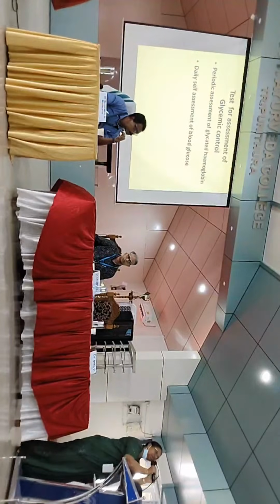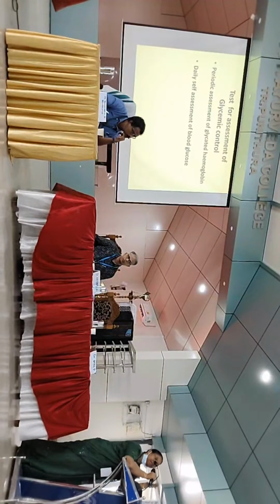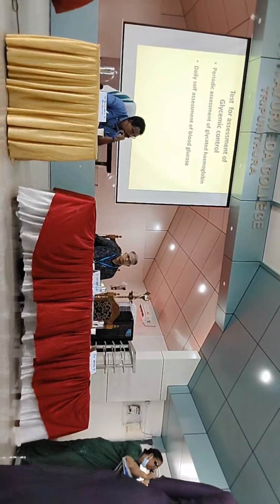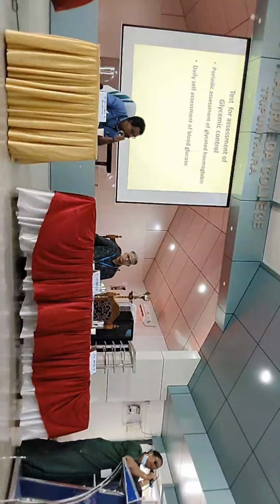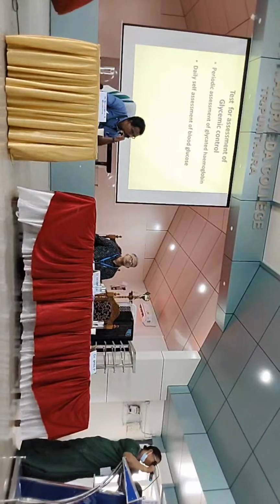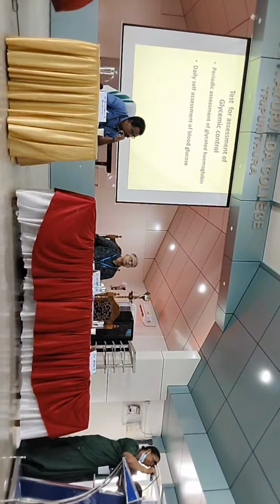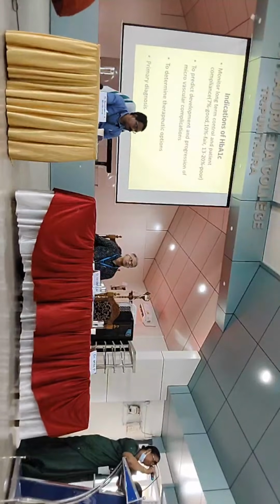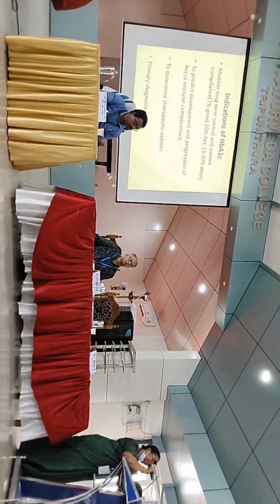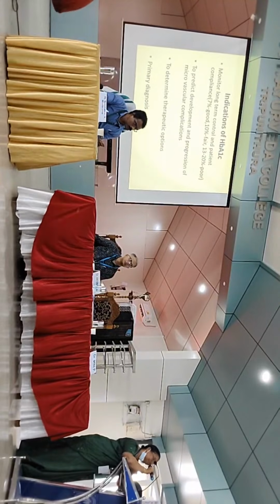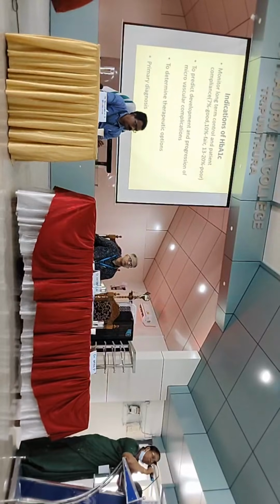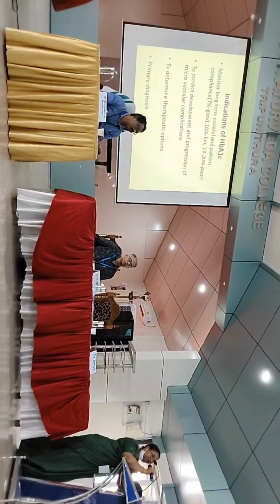Next, first different type of sugar test: fasting, PPBS, and RBS test. Next is GTT, and another test is HbA1c for knowing the glycemic control. The indications of HbA1c are to monitor the long-term control of diabetes and medication compliance.